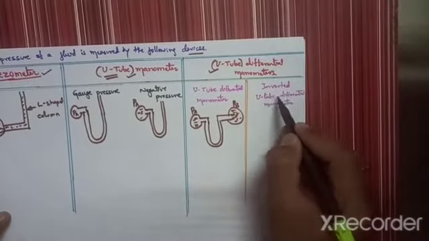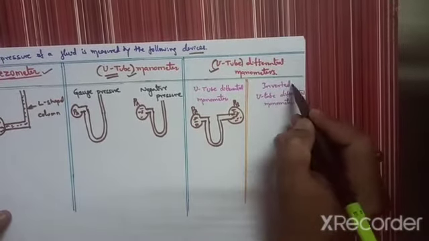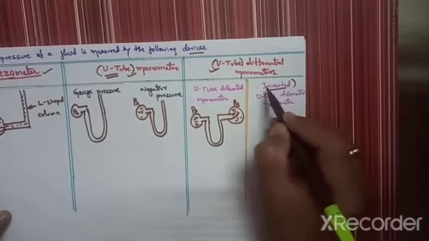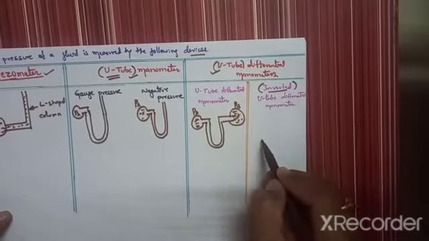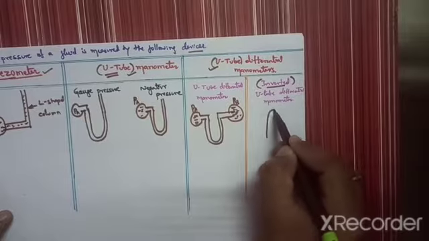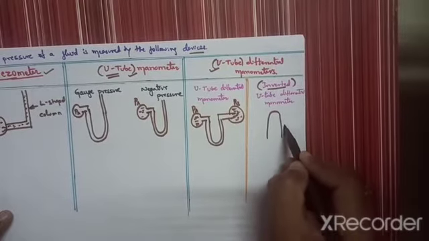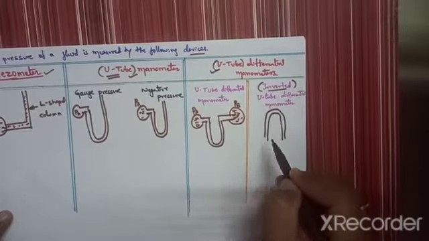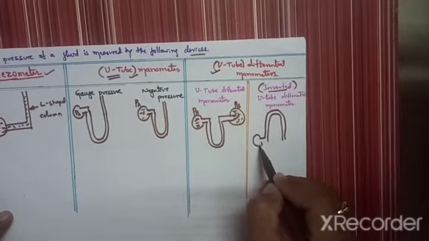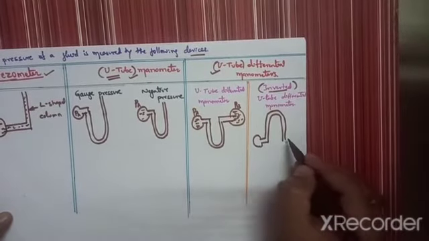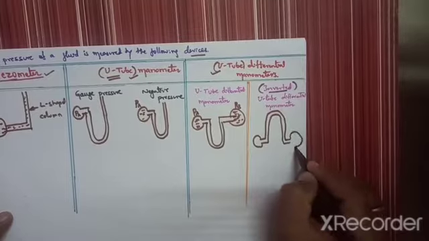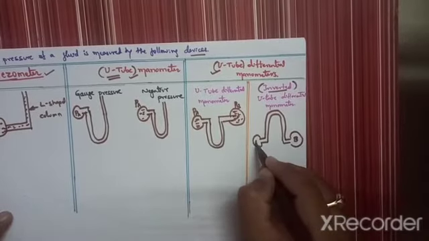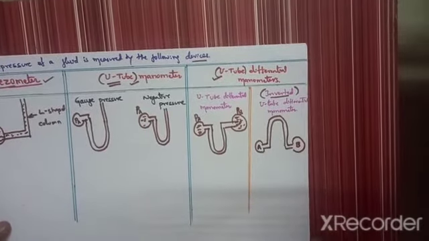Similarly, in the inverted U-tube differential manometer, as the name indicates, inverted means the reverse of the U-shaped manometer, so it is inverse. One end is connected to the pipe where you are going to measure the pressure, and the other end is also connected to the second pipe, that is B. This is the first point.